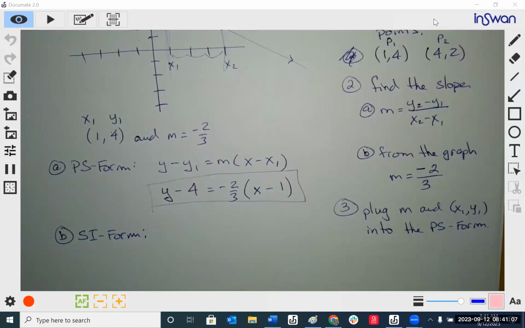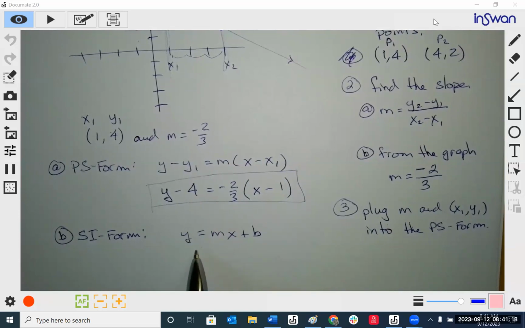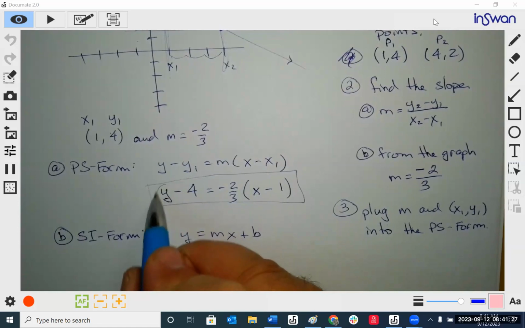What does the slope-intercept form look like? So that means we have to start from here, solve for y. So we have to solve for y.